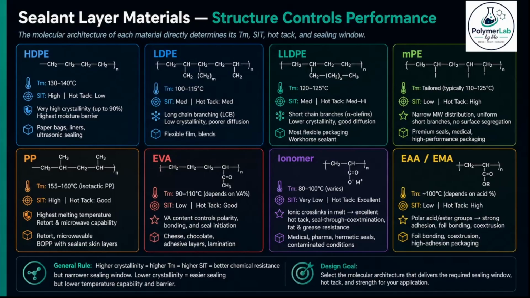But here is the paradox. LCB also significantly impairs molecular diffusion across the interface. LDPE has poorer hot tack and higher seal initiation temperature than LLDPE despite its lower melting point. LCB is great for melt strength and blown film processing, not for sealing.